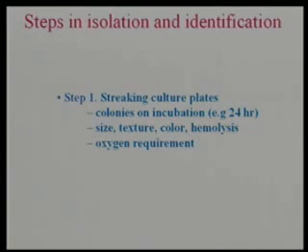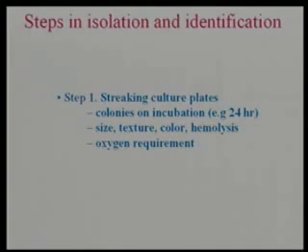The reason you want them growing on culture plates is because bacterial identification is based on the fact that you have a pure culture. It's very difficult to do bacterial identification in mixed cultures, because one organism may respond to one test, the other might respond to another test, and then you've got, well, which one is it? It's both or neither. So generally speaking, you want a pure culture.